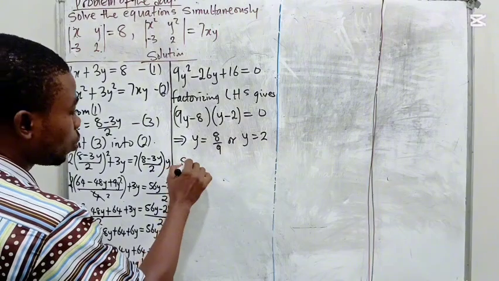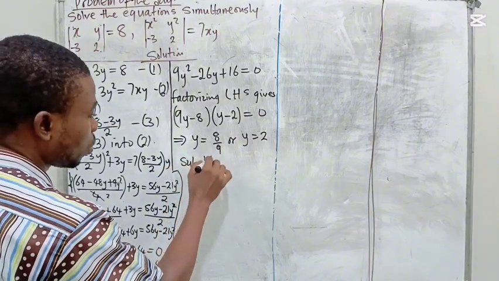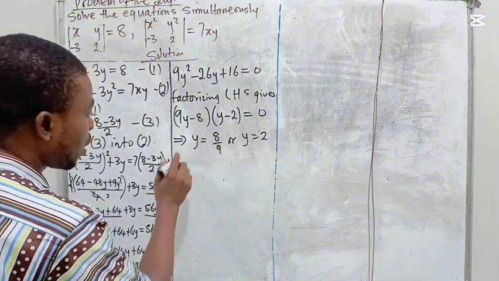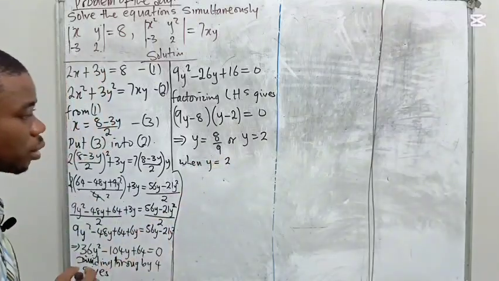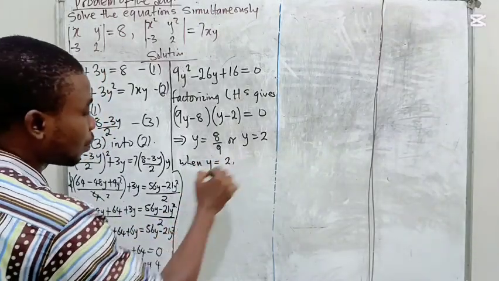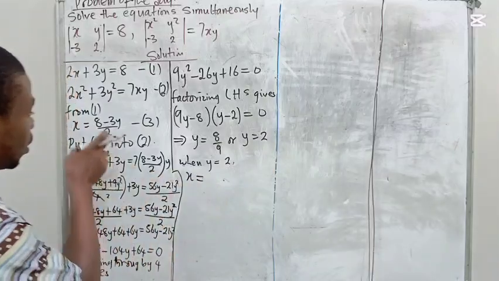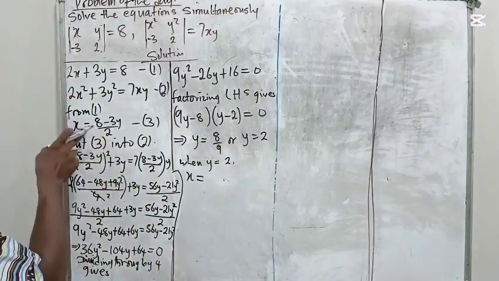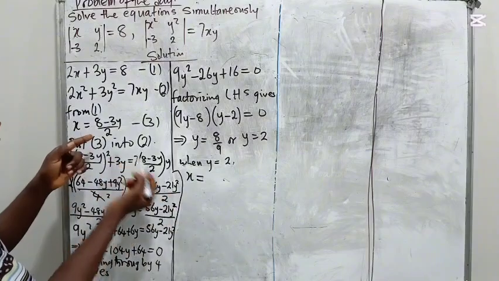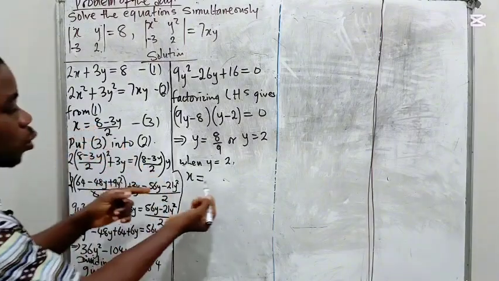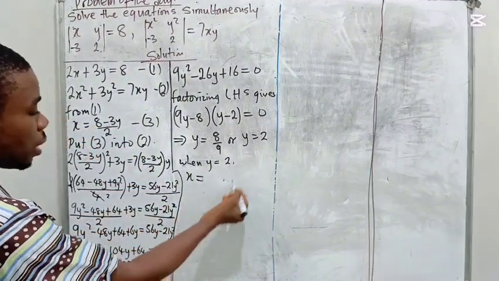So substitute. Let's see when y is equal to 2. Anywhere we see y in equation 3, x equals 8 minus 3y all over 2, we substitute 2.